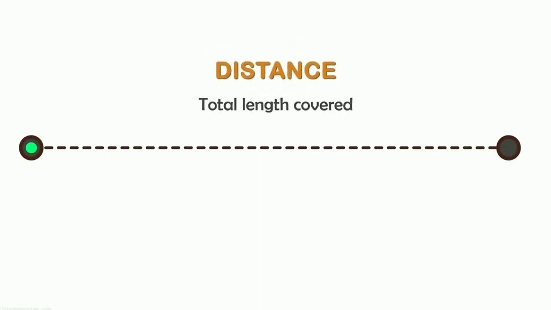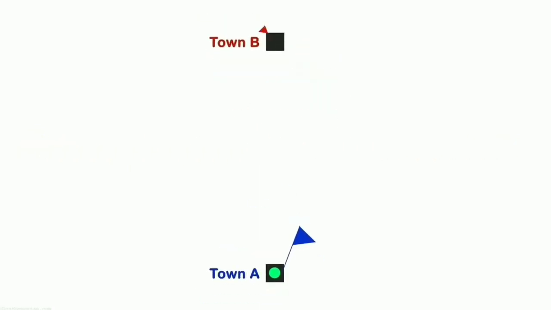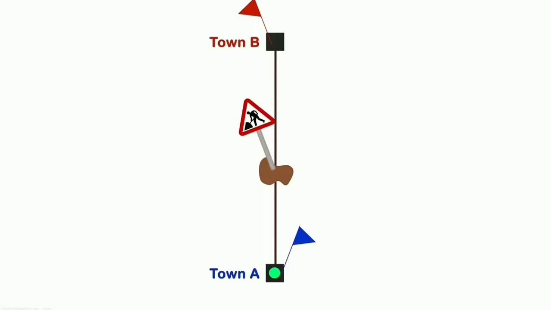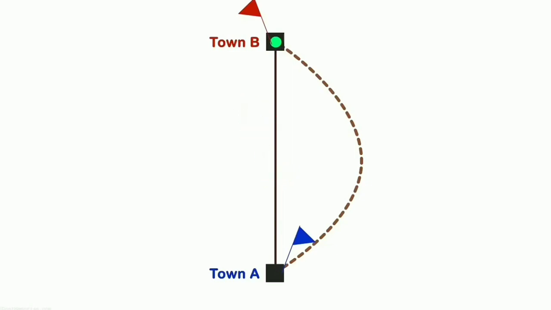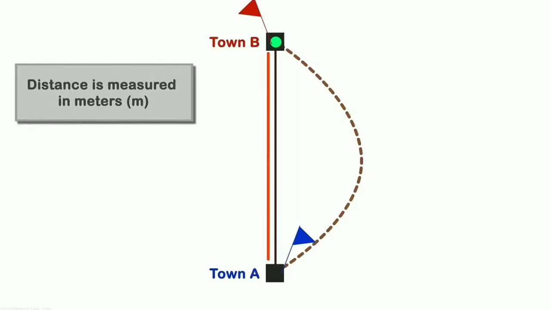From one place to another, the measure of total length we cover is called the distance. So you have to travel to this town and the best route is straight up north. But because of roadworks along the way, we have to take a detour and the distance covered would be something like this. Now when the roadworks are completed, the distance needed would be something like this. Distance is measured in meters and denoted as lowercase m.